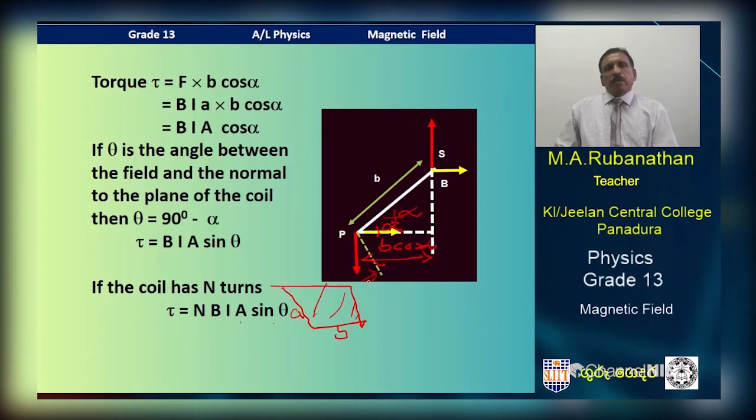This dotted line represents the normal to the plane. And here is theta.